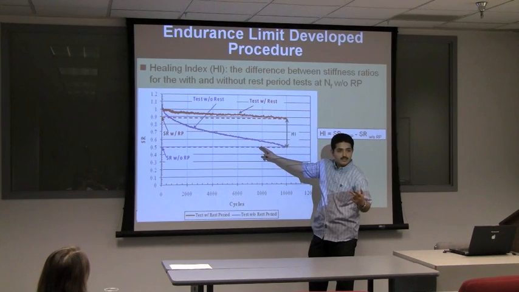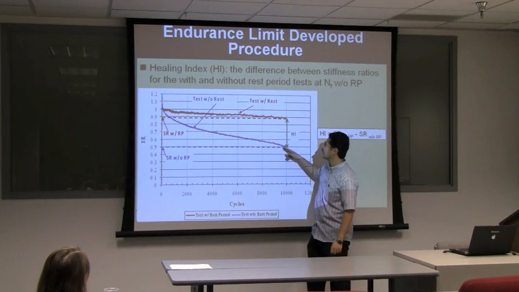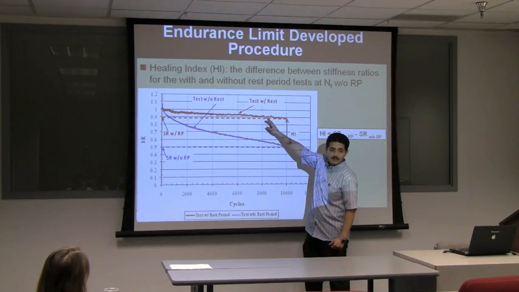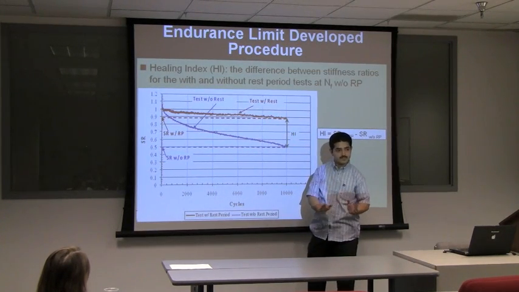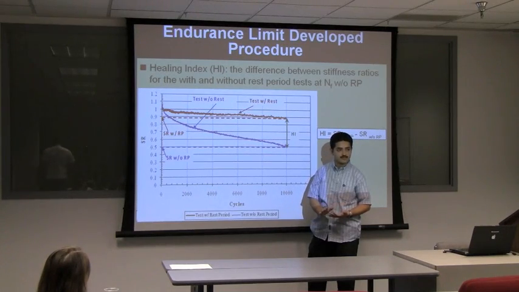The blue line is the test without a rest period. It's a continuous test. I keep loading the sample till it fails. The red one has the same test conditions, except I'm applying a rest period between each cycle. The one I'm using here is a rest period of 5 seconds between each cycle.